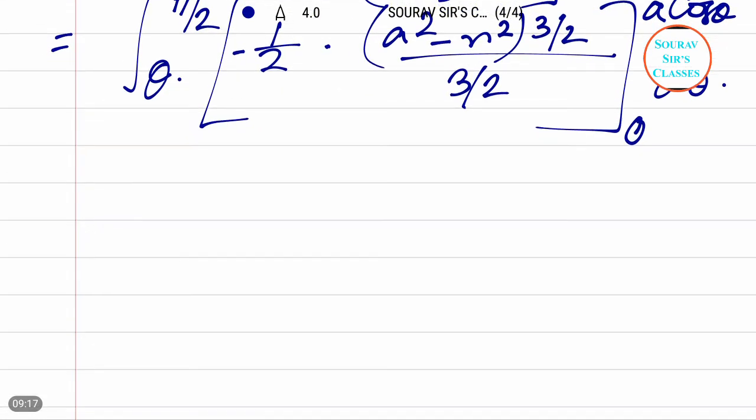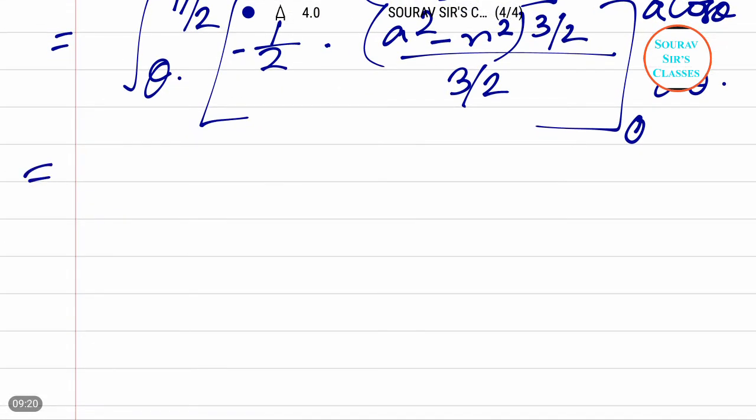Now we can write it again as minus 1 by 3 because we are taking this 1 by 3 as a constant, so we are taking it out of the integration.